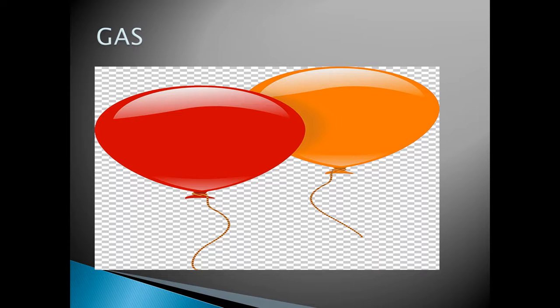When you blow up a balloon, the gas is spread out inside it and takes the shape of the balloon. So, gas also doesn't have its own shape. Gas takes the shape of its container.